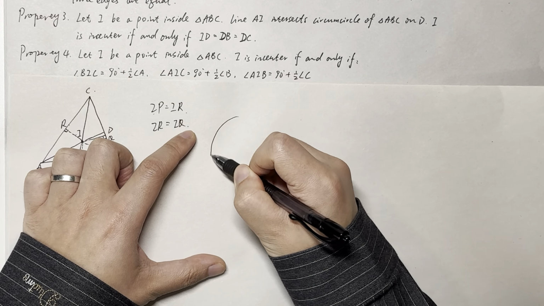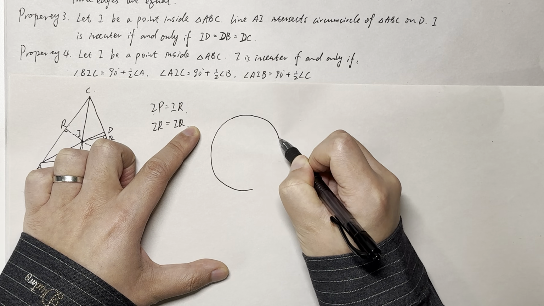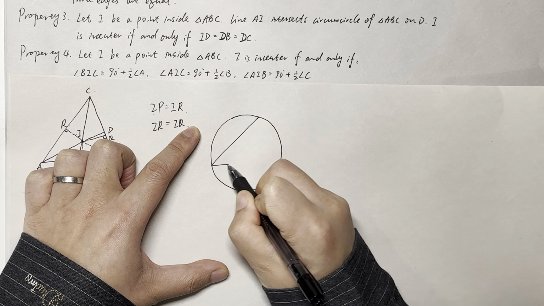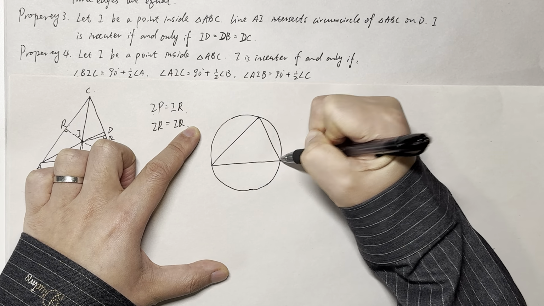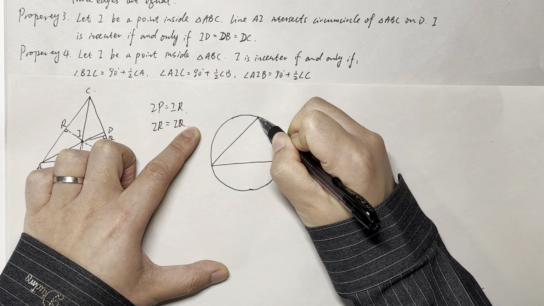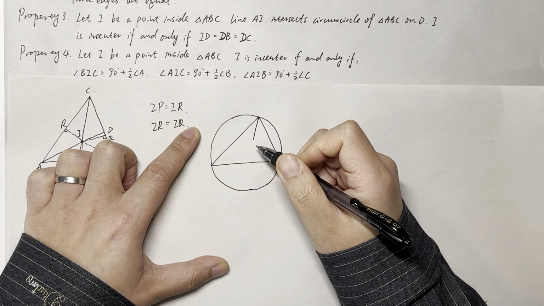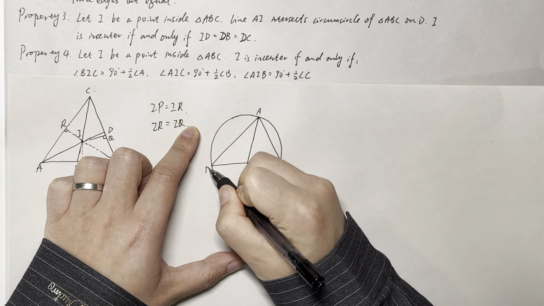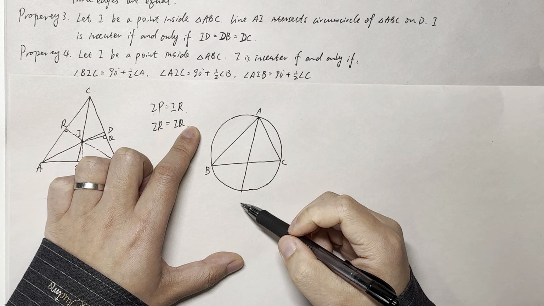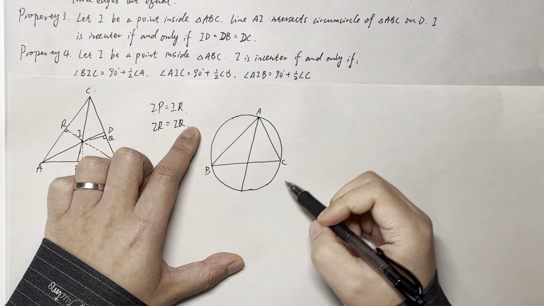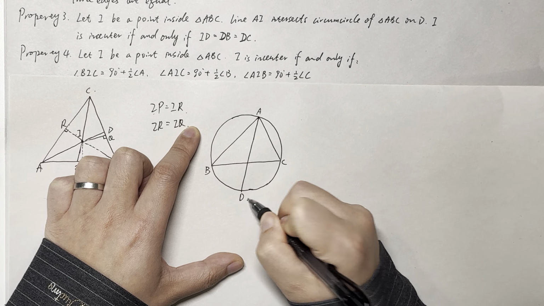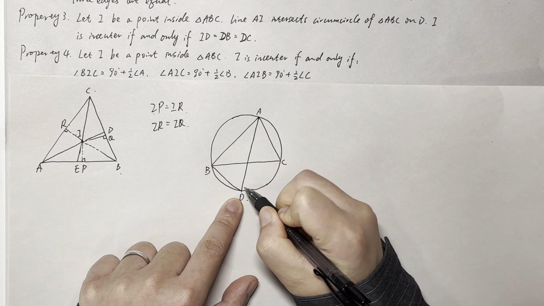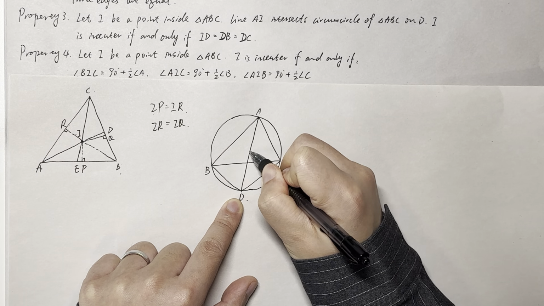So let's draw a circle first. A, B, C. AI intersects the circumcircle at D. And we know that DB equals DC equals DI.